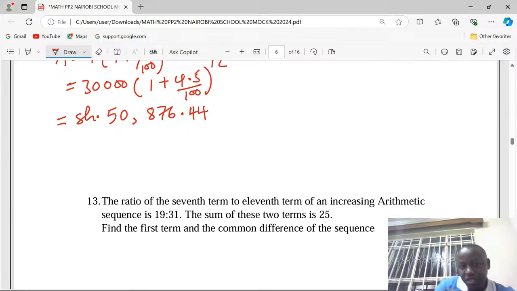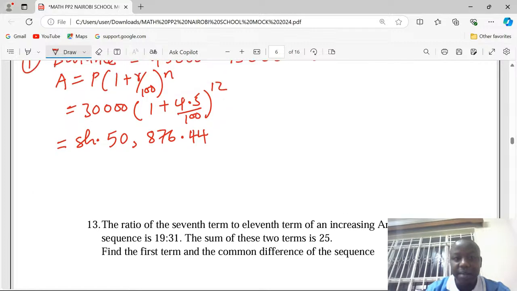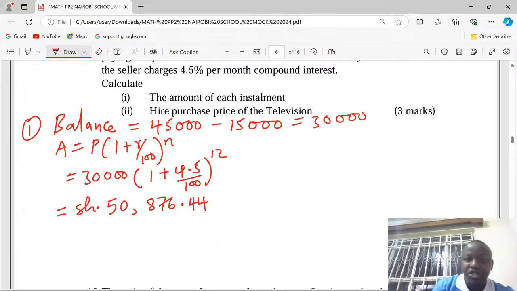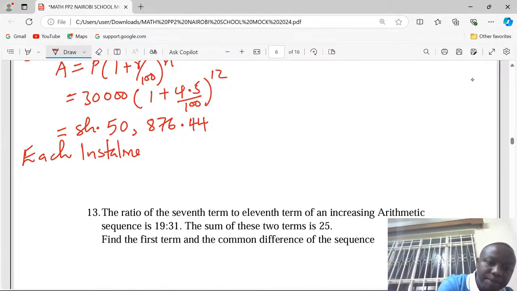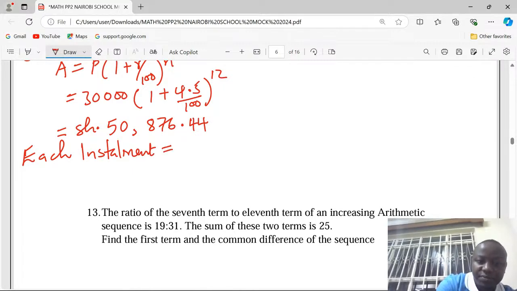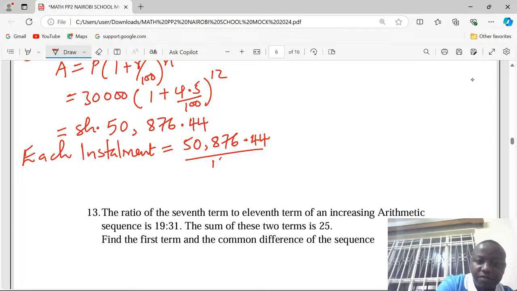Now, because the time to be taken is 12 monthly installments, then we can get the value of each installment. So each installment is going to be 50,876.44 divided by 12.